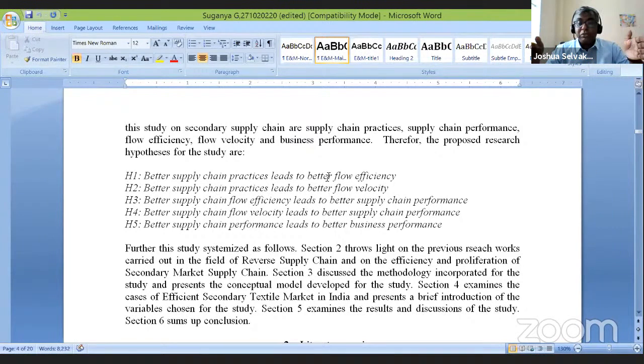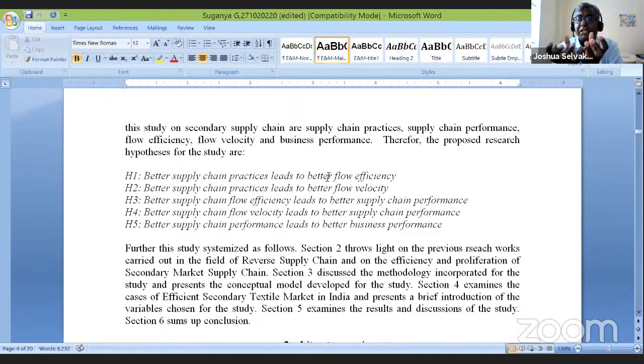But normally these things don't flow like that. There are 2 variables that we tend to look at. One is called flow velocity. The other one is flow efficiency. See, between the nodes of the supply chain, between the firms in the supply chain, if the velocity is very fast, that is, materials come at a very fast pace from the manufacturer to the stockist, from the stockist to the dealer, from the dealer to the next, that also causes some problems.